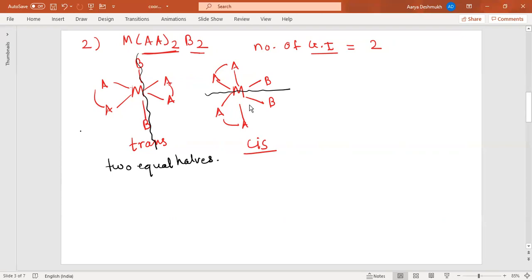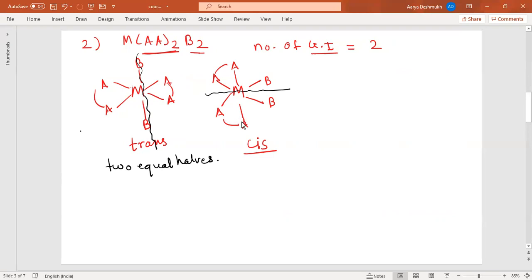And if you cut like this, now you might think that on this side and this side, these two are similar. But remember that these two ligands, AA, and this on the other side of this line which I drew here, these two are not in one plane, remember. And that is why these are exactly perpendicular to one another.